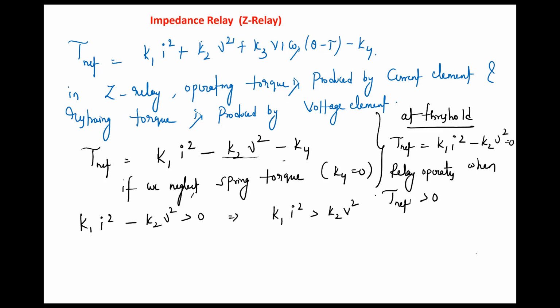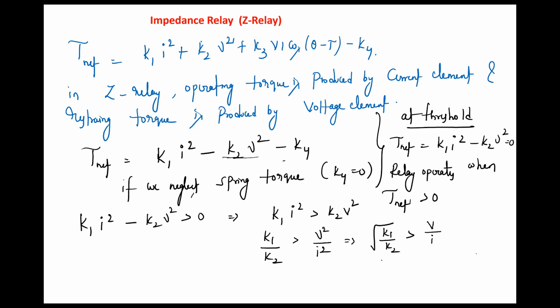Okay, so which implies if you take these terms, K1 by K2 should be greater than V square by I square, which implies square root of K1 by K2 should be greater than V by I, where V is, we already defined, the secondary PT voltage, I is the secondary CT current.